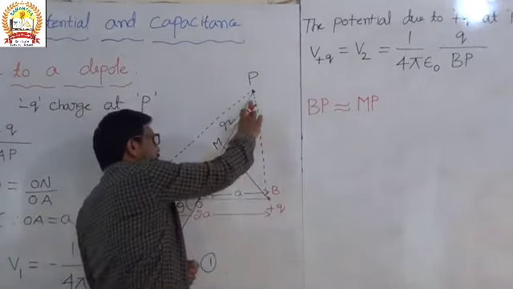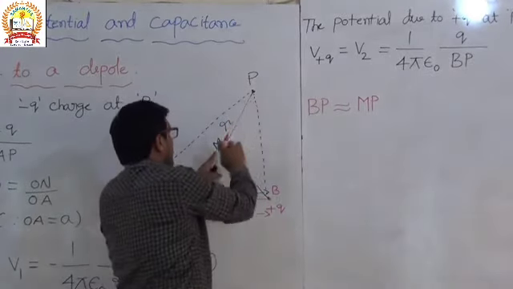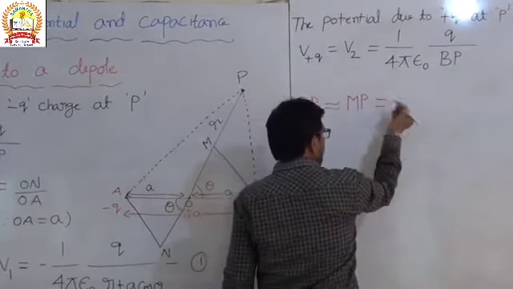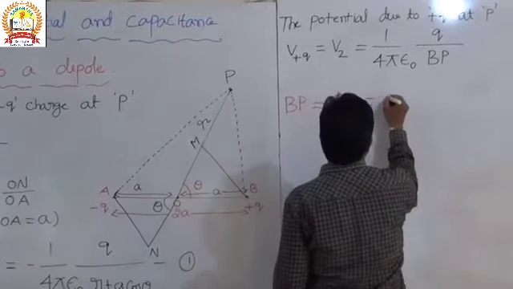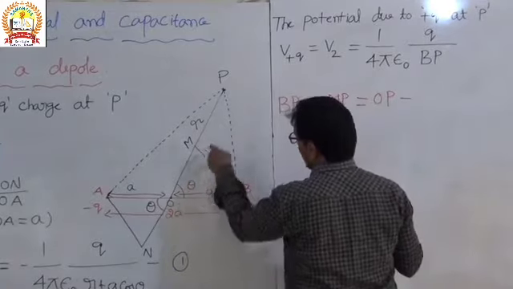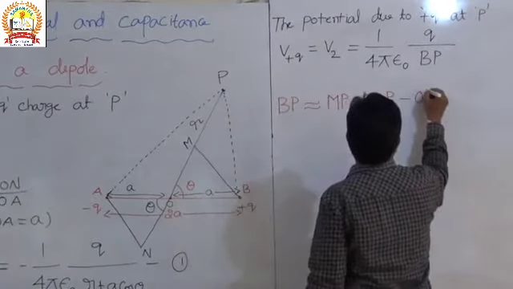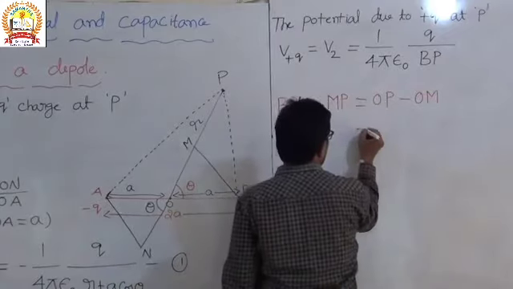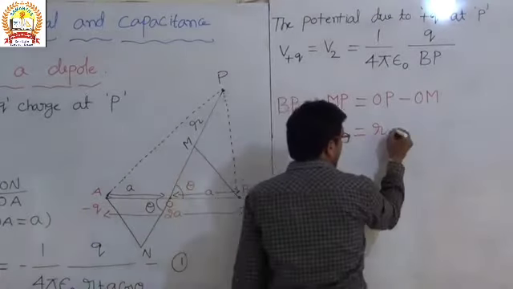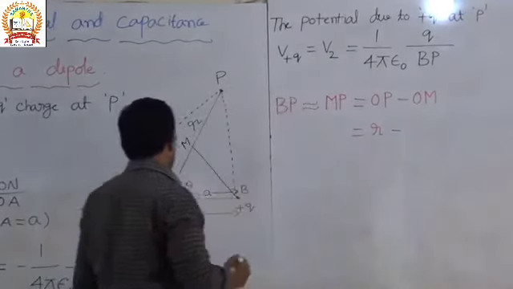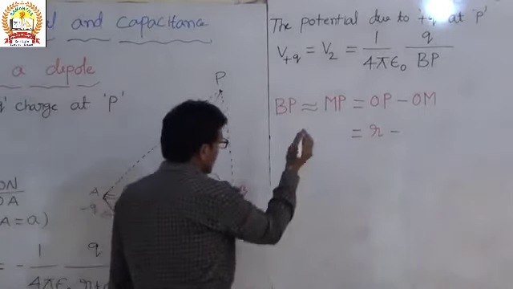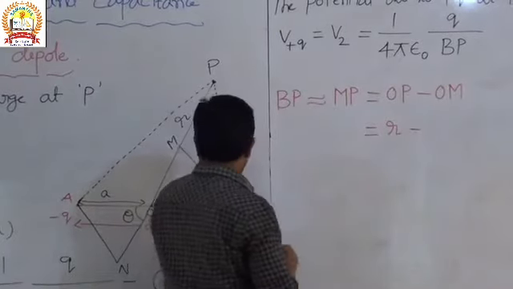Now to get the distance from M to P, we can write OP minus OM. We know that the distance from O to P is R, minus OM. Again we want to get the distance from O to M. So to get OM, you take the triangle OMB.